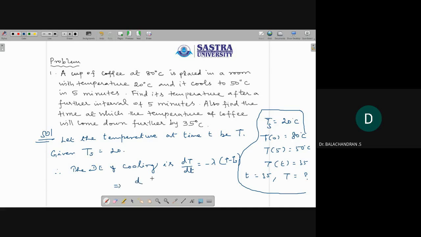This implies dT divided by (T - Ts) equals -λ dt.